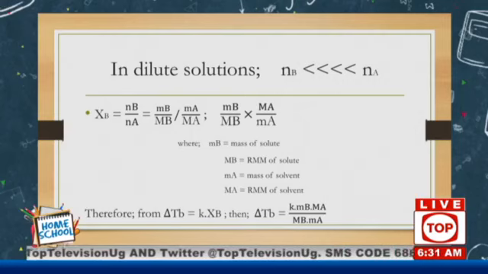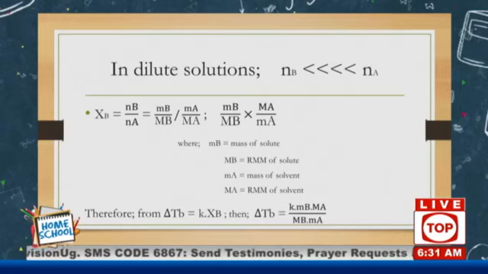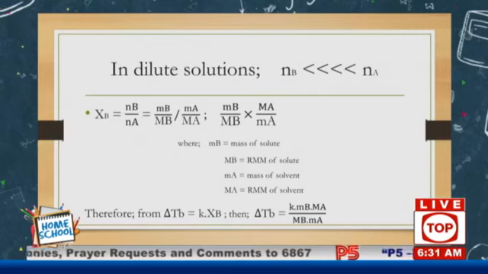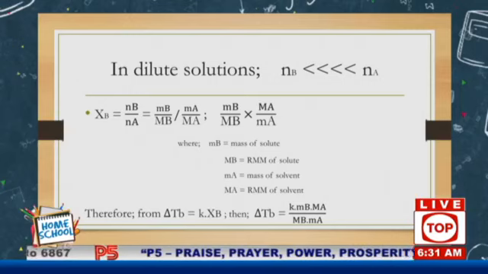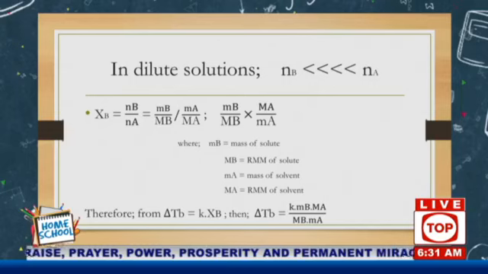That means the number of moles of the sugar in that solution is very small. So if you add the number of moles of the sugar to the number of moles of the solvent, you'll find that the number of moles of sugar adds almost nothing. Okay? So it's negligible.